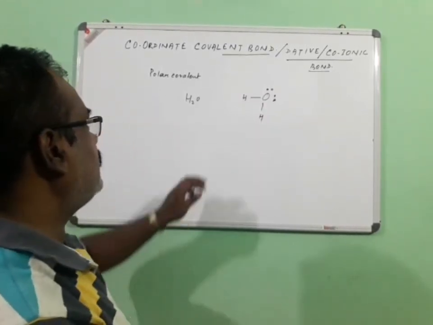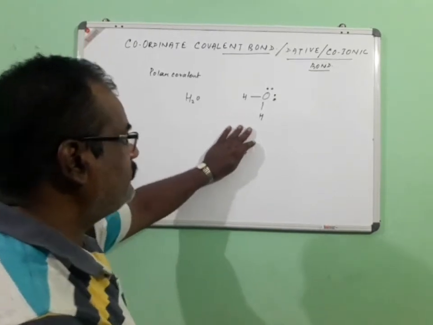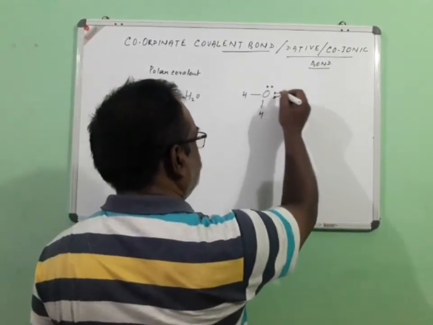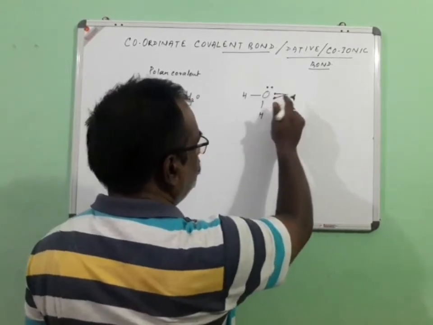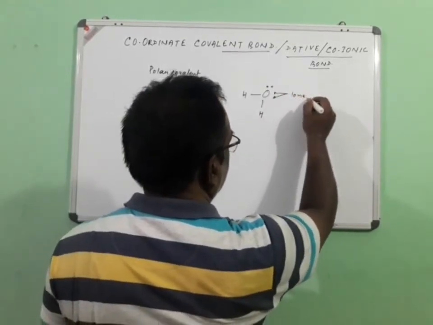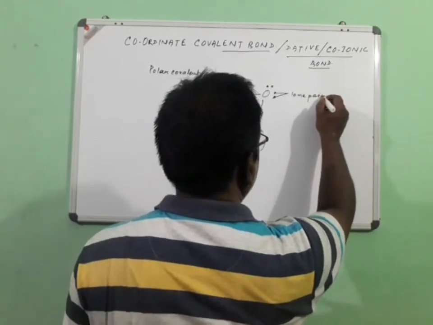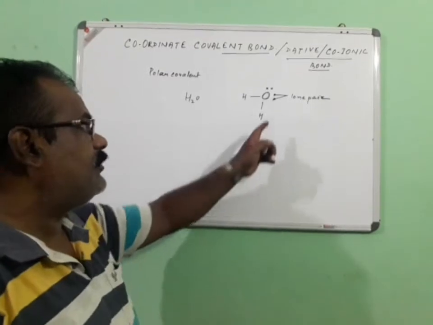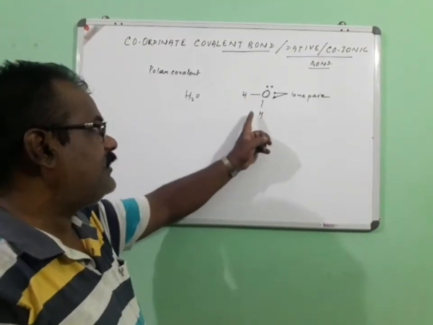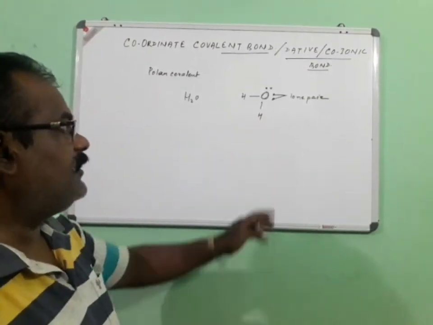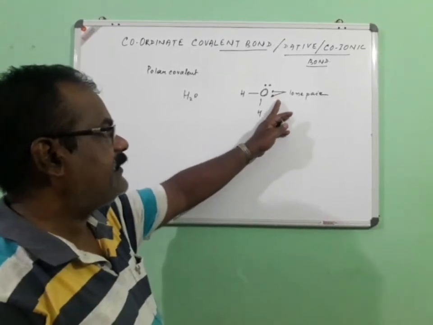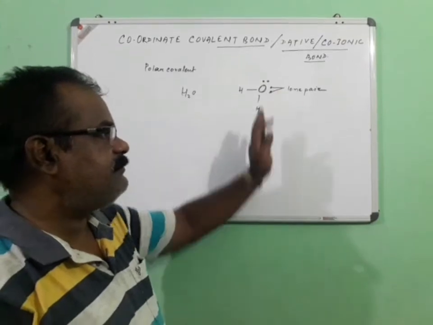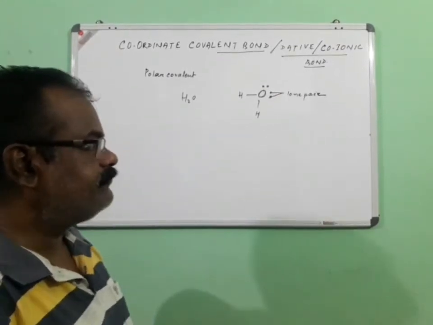Now, sometimes what happens in case of the polar covalent bond, those lone pairs or unshared pairs of electrons are there. Here it has two lone pairs. Because of its higher electronegativity in comparison to hydrogen, this lone pair has the capacity to accept certain charged particles or charged atoms.